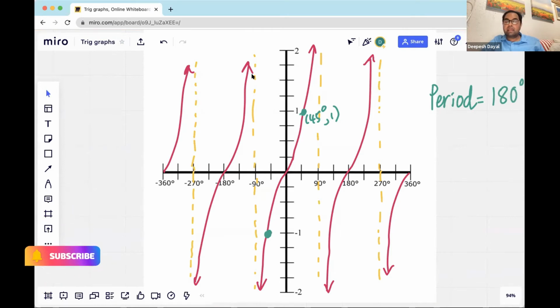Okay. And this graph goes indefinitely towards the positive y and the negative y. So we cannot say that it's restrained by any amplitude. We've got the range, which is negative infinity to positive infinity.